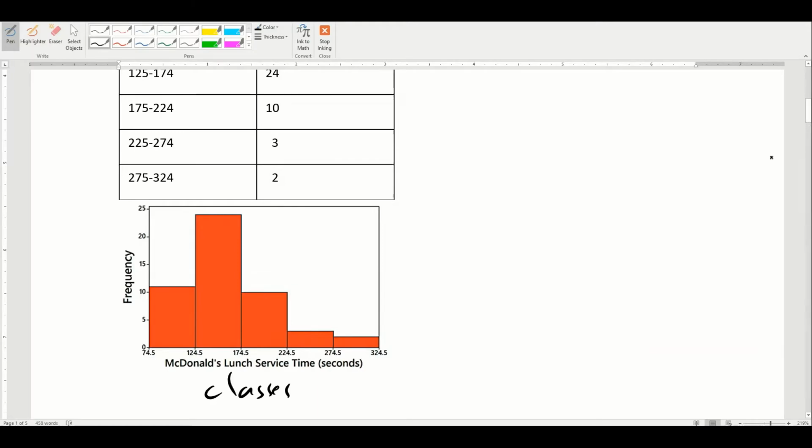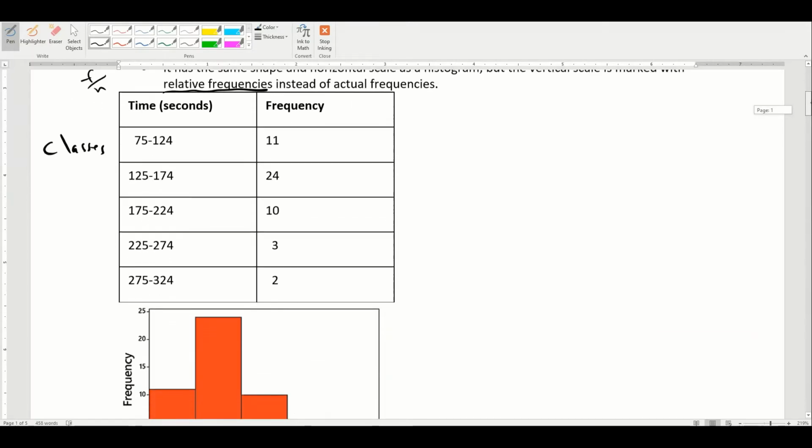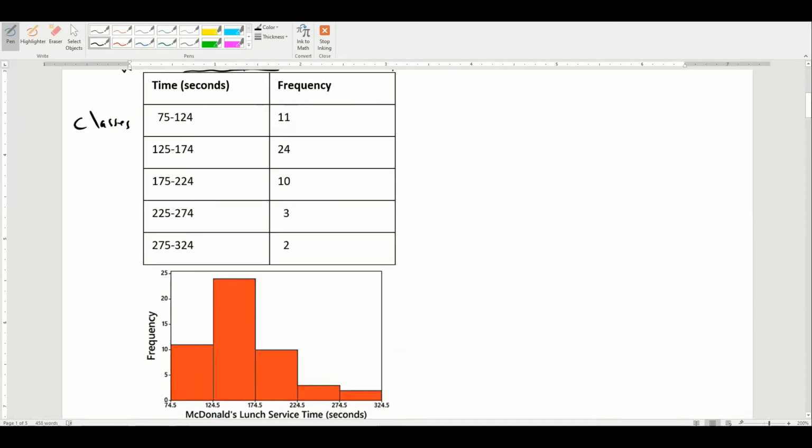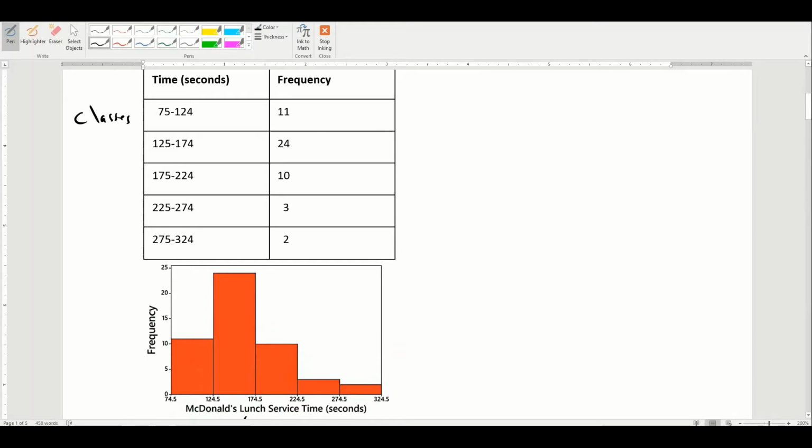So when you look at this, you notice that we don't use these actual classes, and I'll show you why. If you ever see me do that, it means that this x-axis has been crunched together.